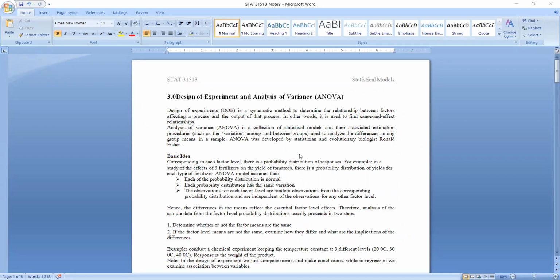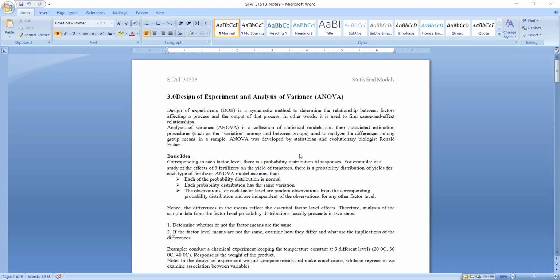Because with the ANOVA table, what we can find is the variation between groups, whether the means are different between groups. There, using ANOVA alone, we cannot come up with a cause and effect relationship. But with design of experiment, we can talk about the cause and effect relationship. That's what we do in DOE.